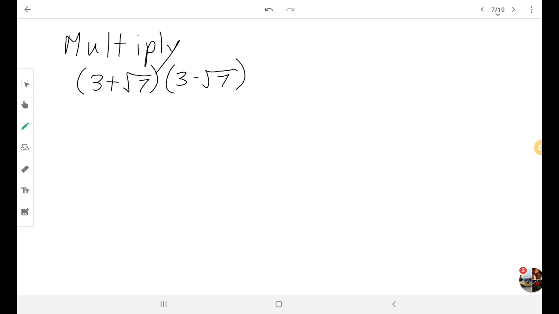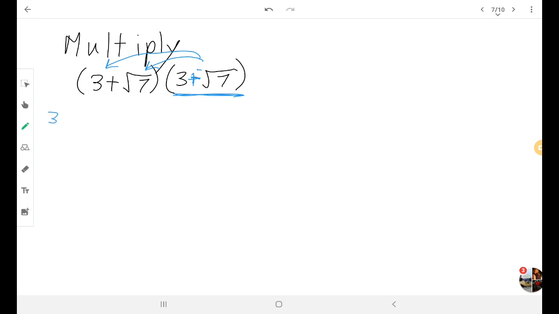And we're going to do the same thing here. Same distribution. I'm going to take this, multiply it by both. And this one is special, and you're going to see why it's special here pretty soon. Okay? This minus, I'm going to change again to a plus negative.